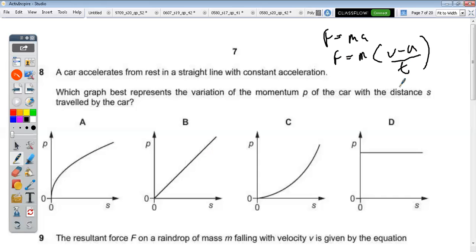v minus u. So Ft is equal to what? Which is impulse, is equal to mass times v, is your rate of change of momentum. True? Yes. So Ft is equal to p, momentum. Clear? Mass times velocity. Or change in momentum if I want to put it that way, delta p.